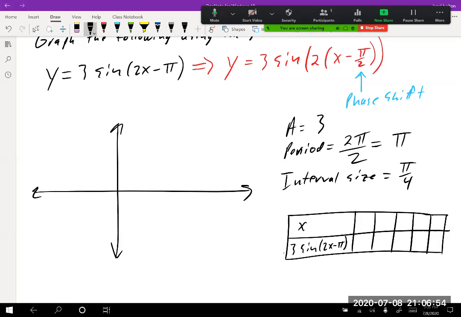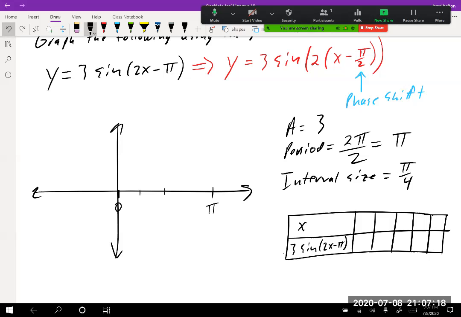Where does the sine function normally start? When we normally draw sine, we start it at 0, right? So I'm going to put a mark right here and here. This would normally be 0, and because the period is pi, this would be pi, and that would be good. And then I would cut this, and I would do that.